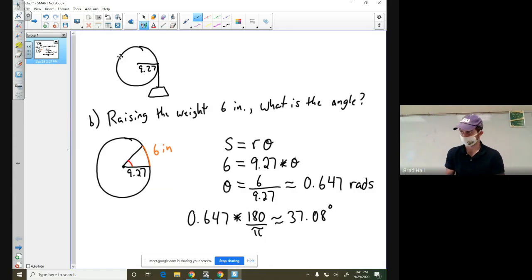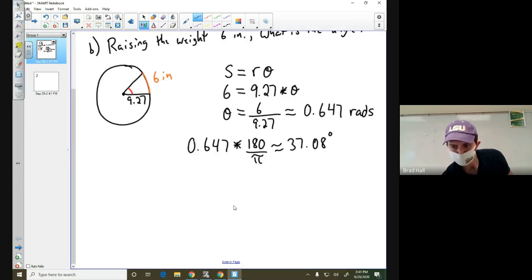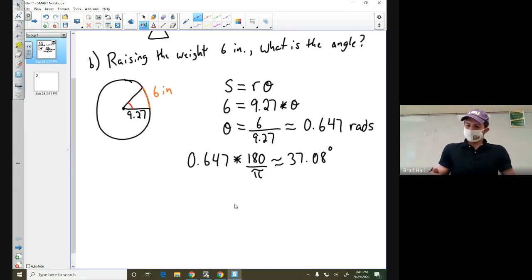This is a decimal degree. This isn't degrees, minutes, seconds. They wanted one more step and they wanted the final answer in degrees, minutes, and seconds. Oops, sorry. Hide, extend, okay. So this is in decimal degrees.